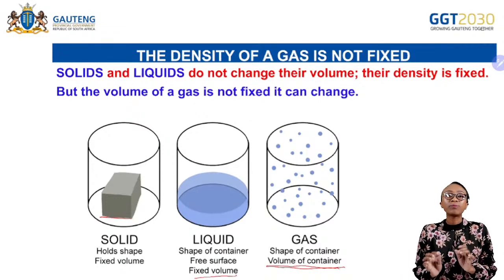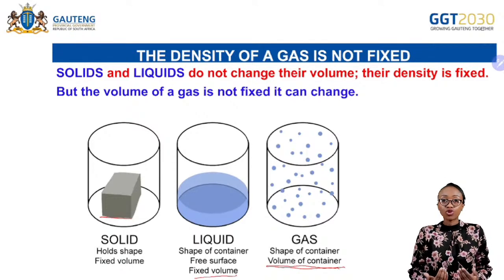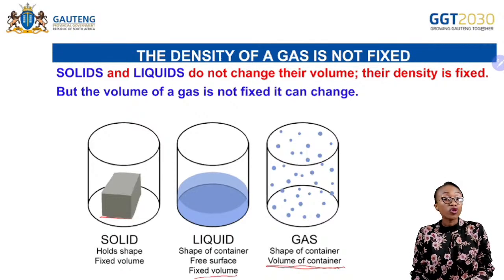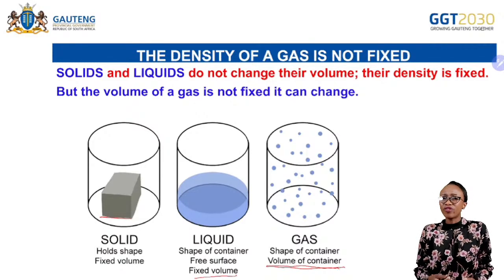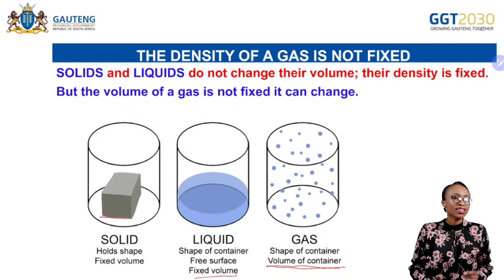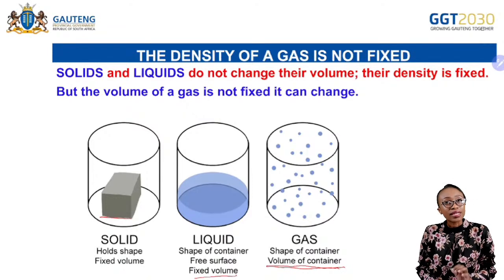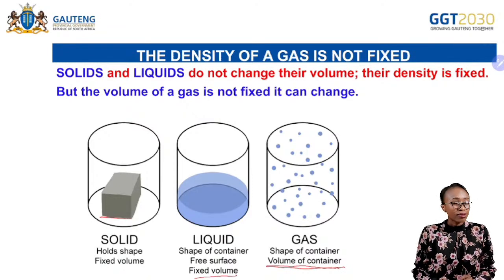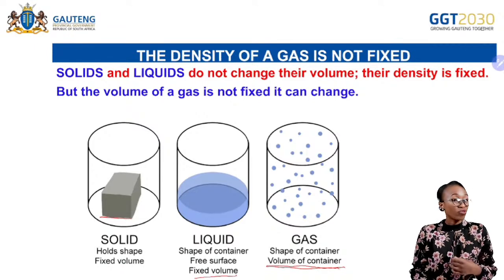Once it has filled up the 1 liter bottle, the volume would have changed to 1 liter. So you see why we're saying the volume of a gas is not fixed, it changes. When volume changes, it affects the density. So the density of the gas has also changed. That is why we say the density of a gas is not fixed.